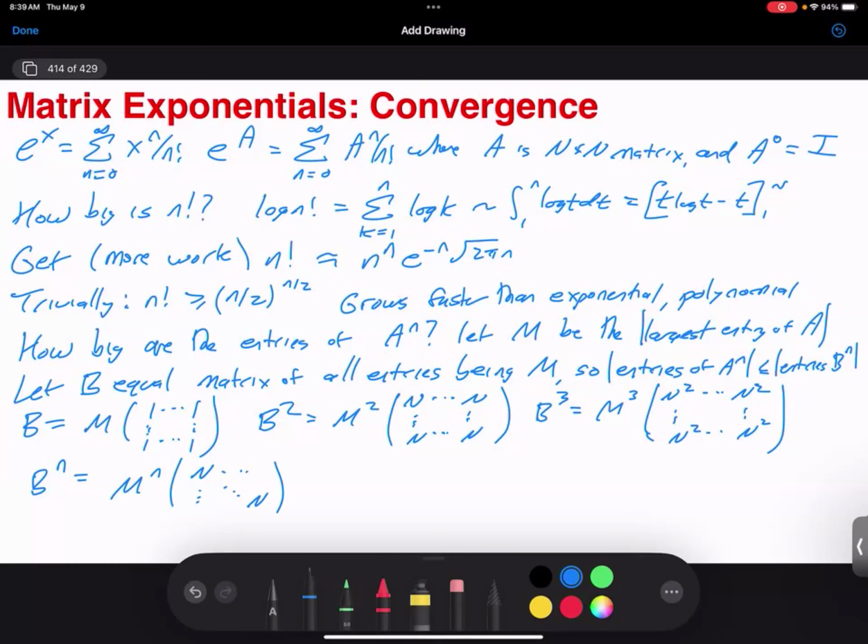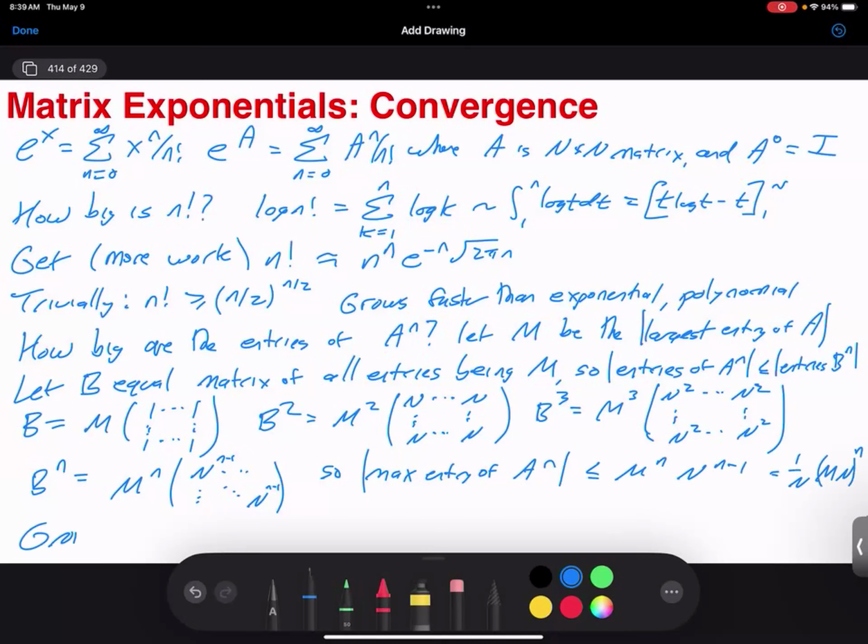Yes, to the n minus 1. So the maximum entry of A to the n in absolute value is going to be less than or equal to m to the n times n to the n minus 1, which is 1 over n times mn to the nth power.